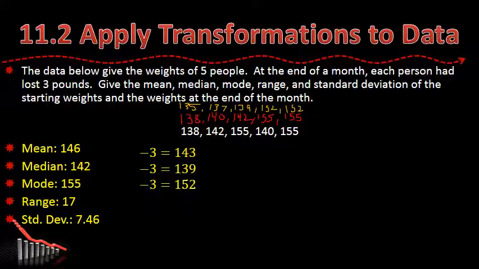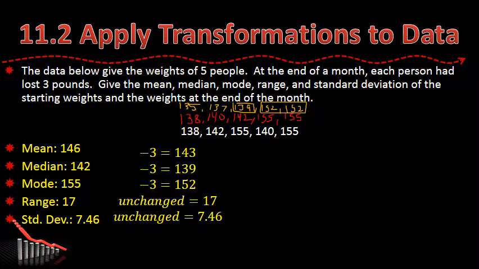And so we can see our median, the middle number, is here, 139. And the mode, the most common, is the 152. And if you find the mean of those 5 numbers, you should get 143. The range is still the biggest number minus the smallest number, so 152 minus 135 is still 17. It's unchanged. And the standard deviation still hasn't changed. Still 7.46.